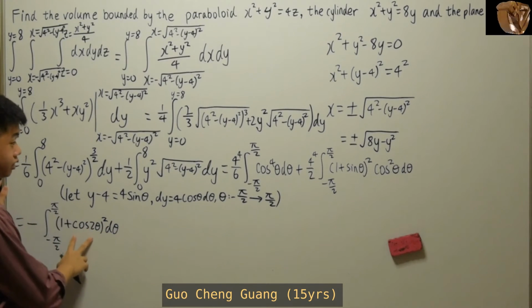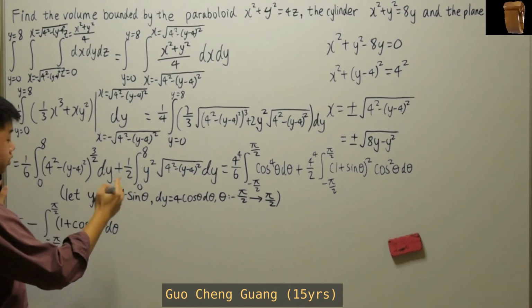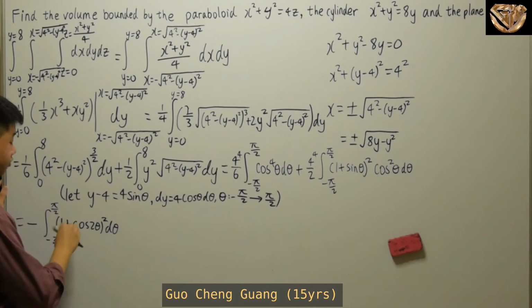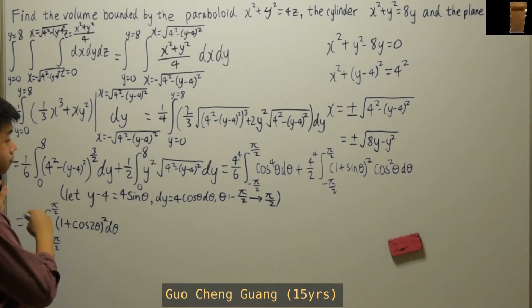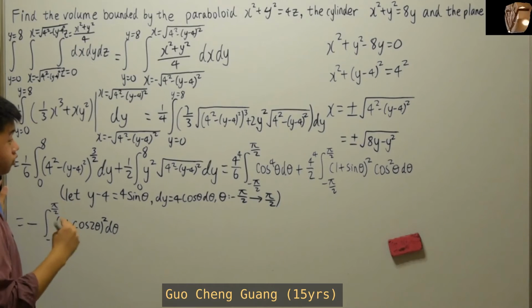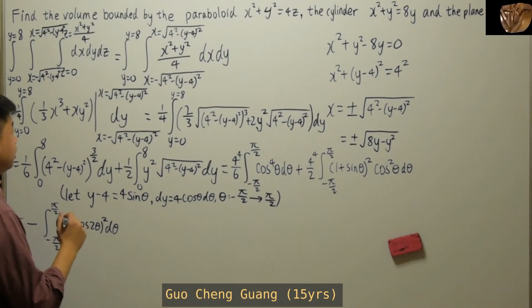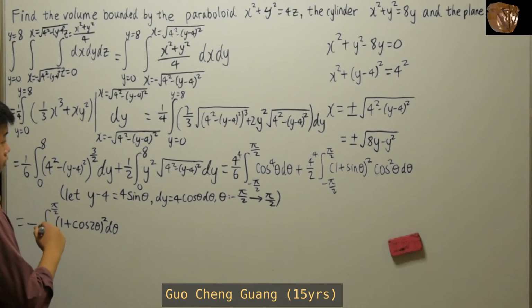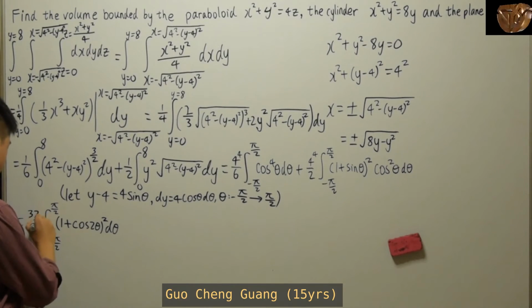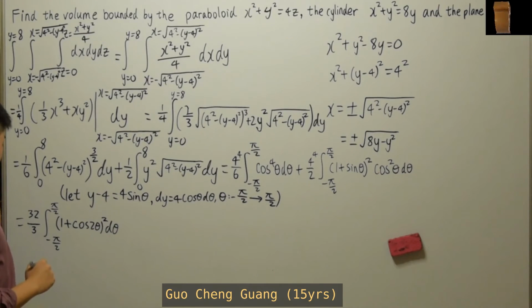But when you have this, you actually need to divide your cosine squared theta, for each of that, by 2. And since you have to the power of 4, which means you have 2 of those divided by 2, so we just divide by 4. Alright? So you are going to have 32 over 3. So this will be for your first term.